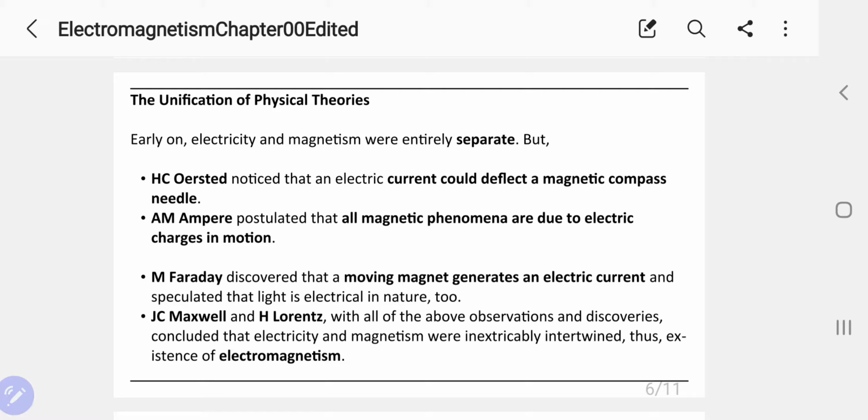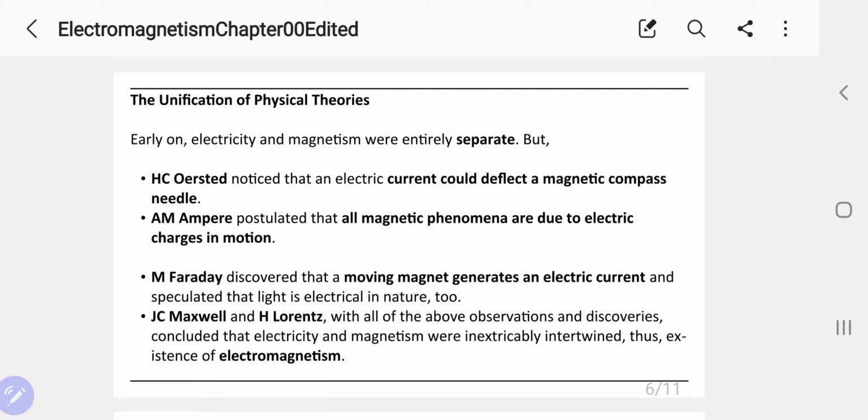In the early days, Ørsted noticed that an electric current could deflect a magnetic compass needle. So when you place a compass near a magnetic material, the compass will move. André-Marie Ampère postulated that all magnetic phenomena are due to electric charges in motion. And Michael Faraday discovered that a moving magnet generates an electric current, and speculated that light is also electrical in nature.